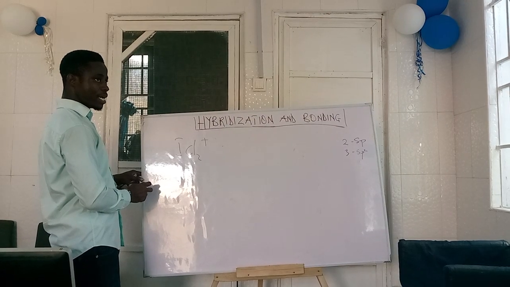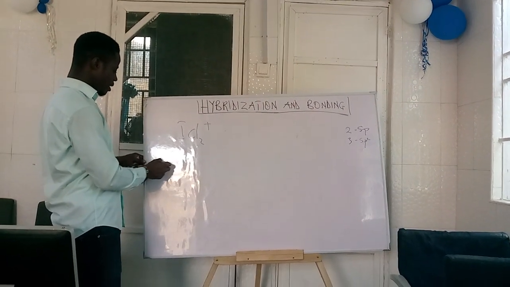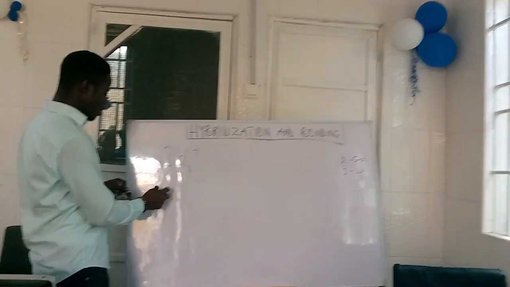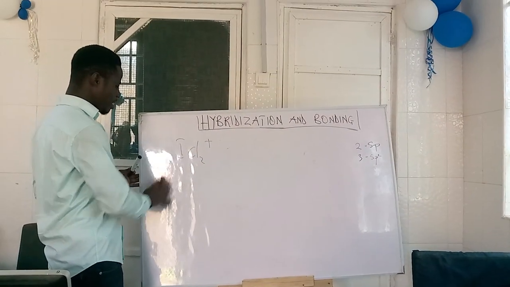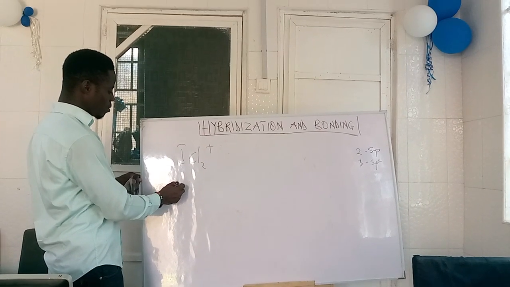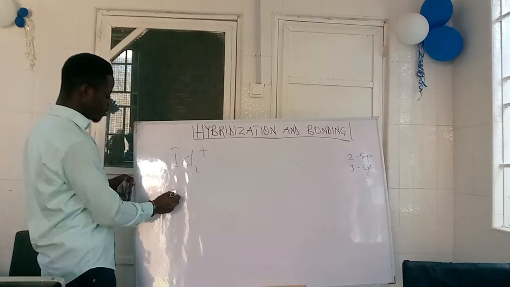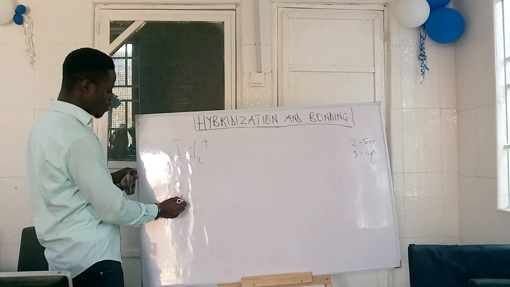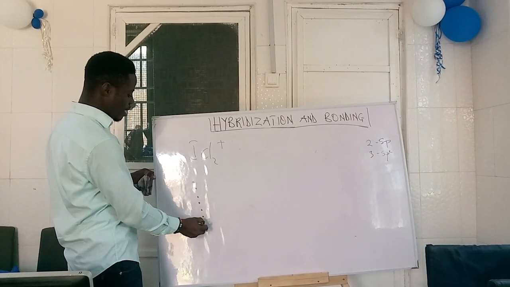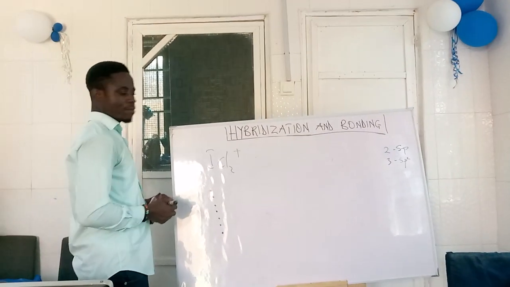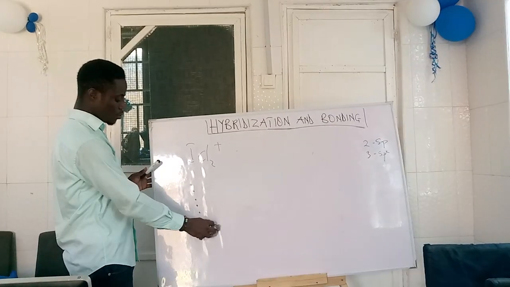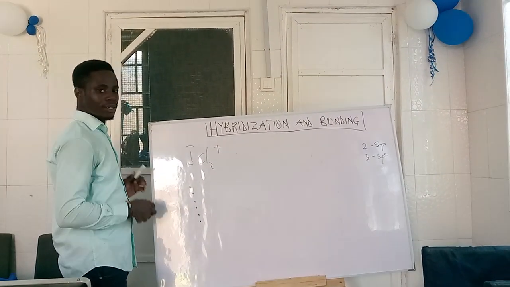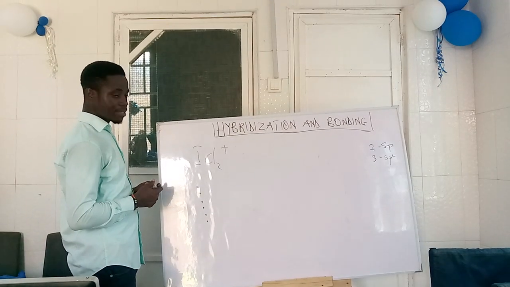So if it belongs to group 17, it will have 7 outermost electrons. So let's count: 1, 2, 3, 4, 5, 6, and 7. But this has a plus charge, so you subtract 1 from it. When you subtract 1, it becomes 6.